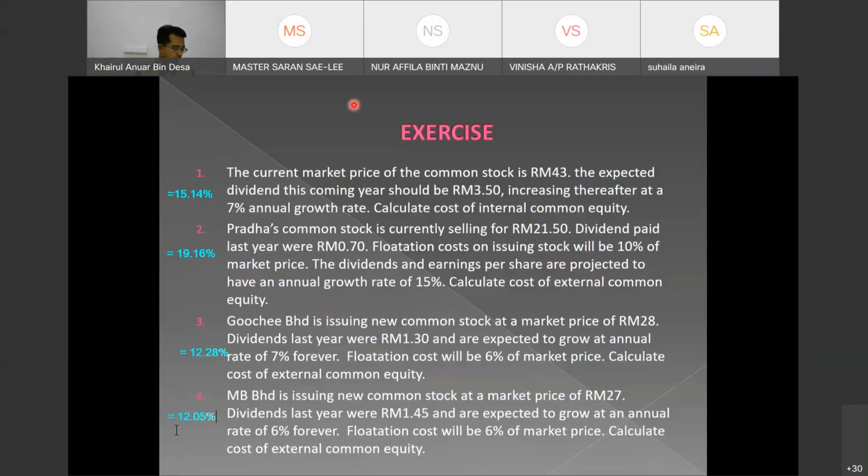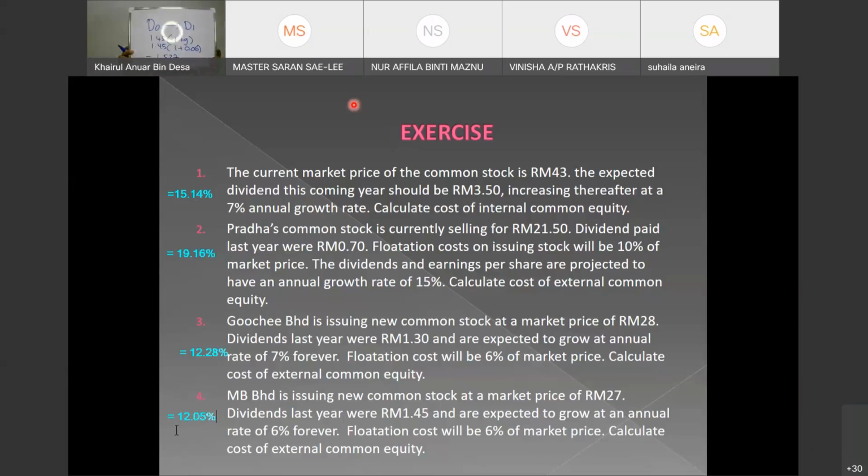So sama juga, 1.45 times (1 plus 6%) equals 1.537.